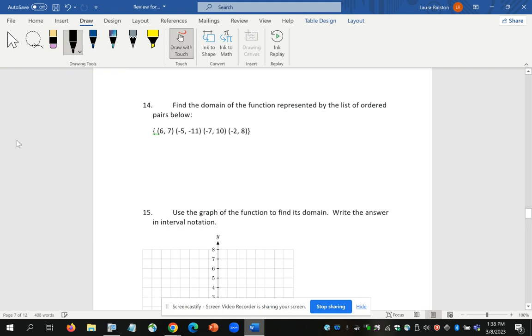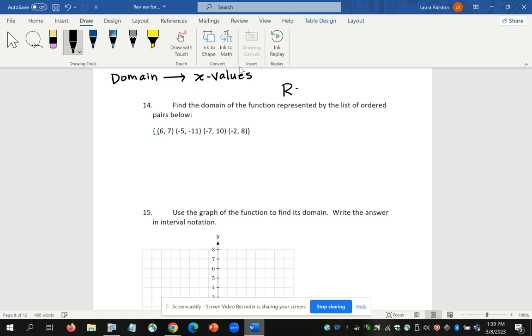Question 14 says to find the domain of the function represented by the ordered pairs. Okay, the domain is your x values. What values are used or could be used for the x, which is the horizontal axis.